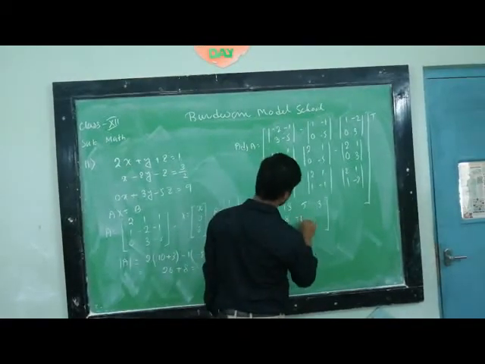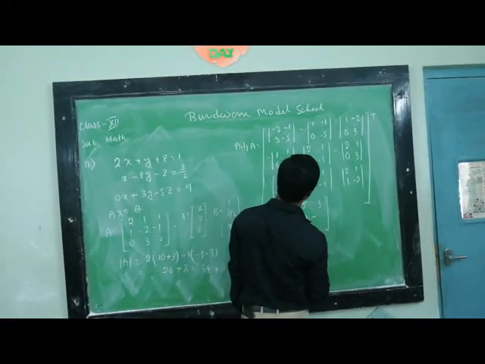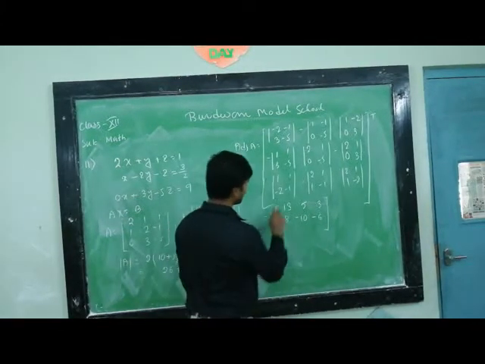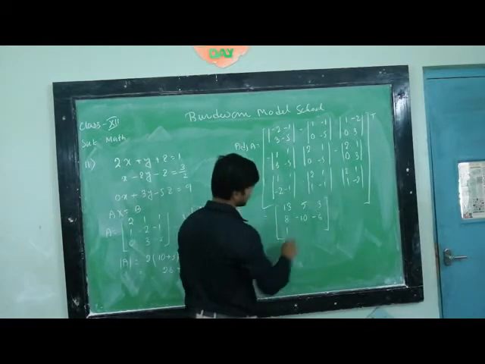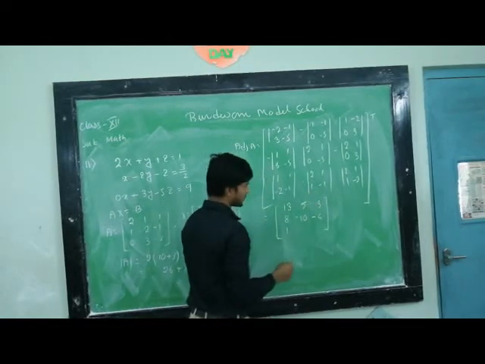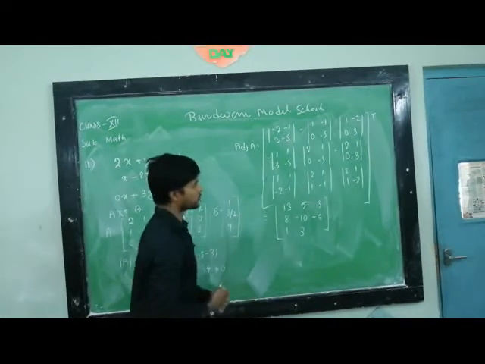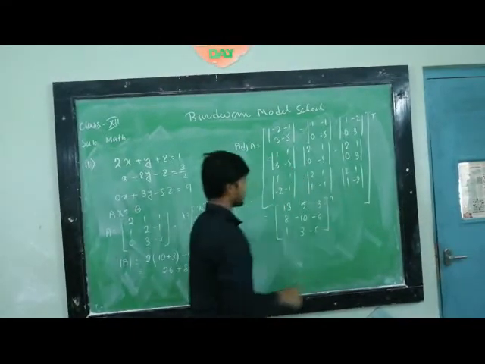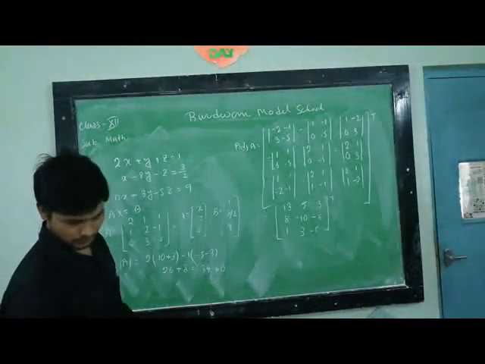This determinant is equal to minus 10, and this value is minus 6. The value of this determinant is minus 1 plus 2, which is plus 1. The value of this determinant is minus 2 minus 1, that is 3. And the value of this determinant is minus 4 minus 1, that is minus 5. Whole transpose.